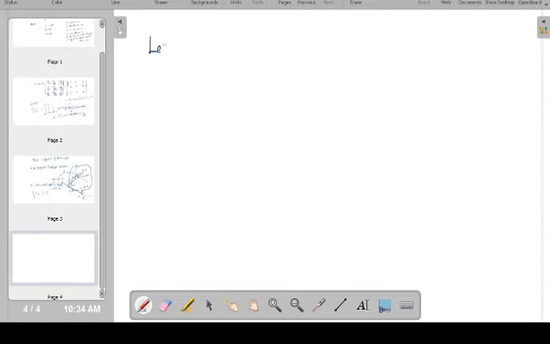Let delta sk denote the length of the kth subarc sk.